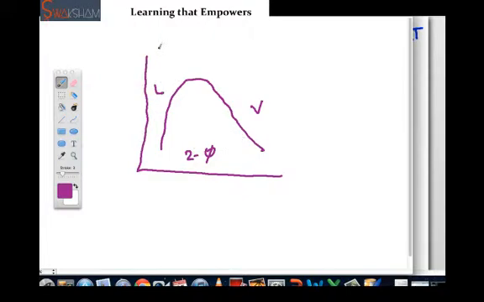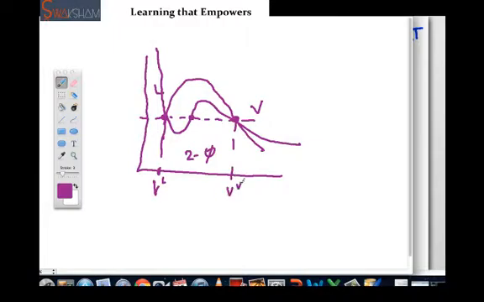We saw that for a given temperature, this is the behavior we saw at saturation pressure. There were three roots. The smallest root was the saturated liquid, the largest root was the saturated vapor.